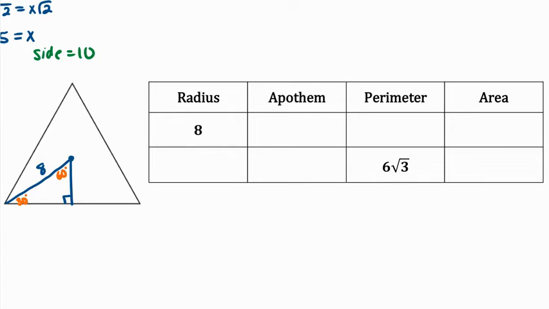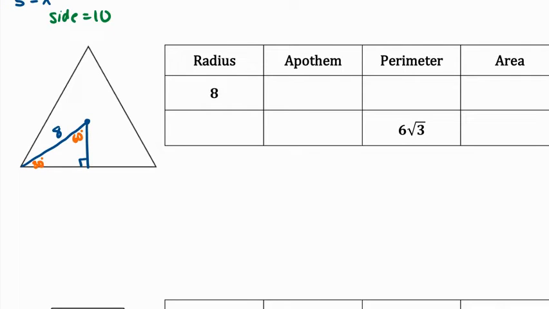And so we get our lovely 30, 60, 90 triangle. So we can do hypotenuse equals 2 times the short leg, and long leg equals the short leg times radical 3 are our rules.